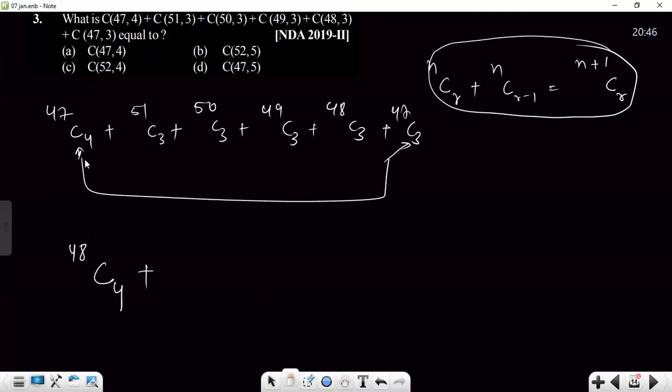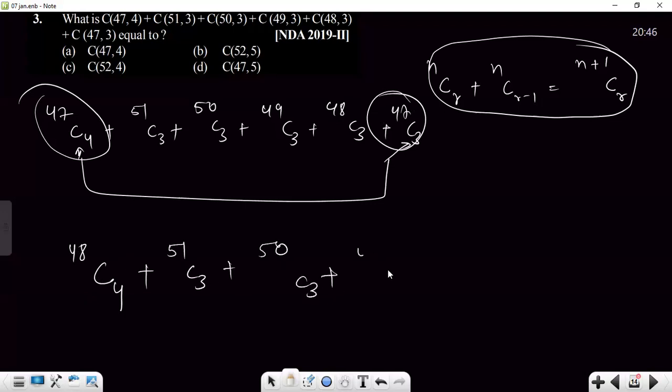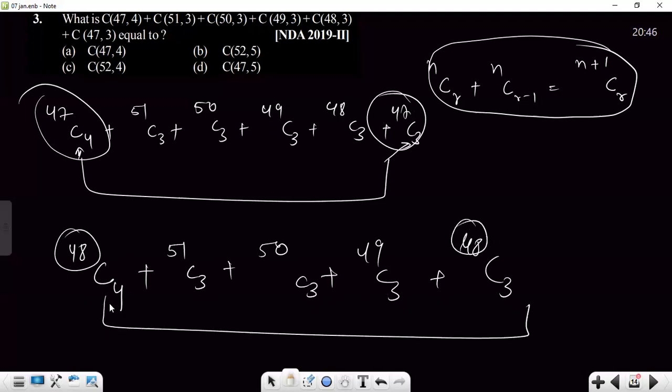So 48C4. These two terms have now been added, and the sum is this plus 51C3 plus 50C3 plus 49C3 plus 48C3. Now n is the same among these two terms, and r is 4 here, the greatest. 48 plus 1, 49C4 is the sum of both of these terms, and whatever was remaining.